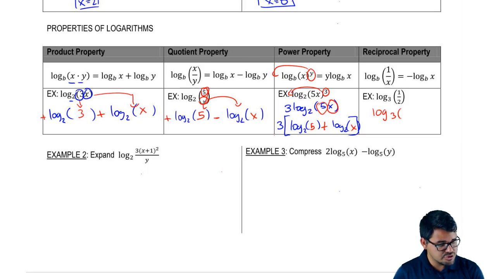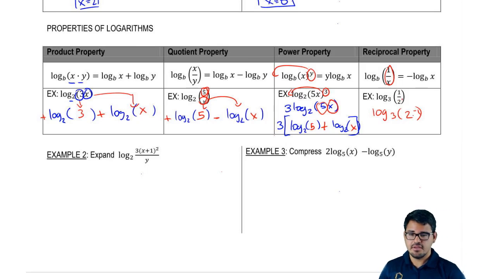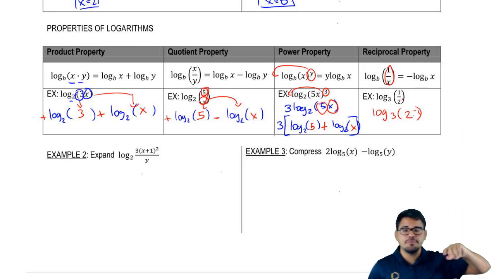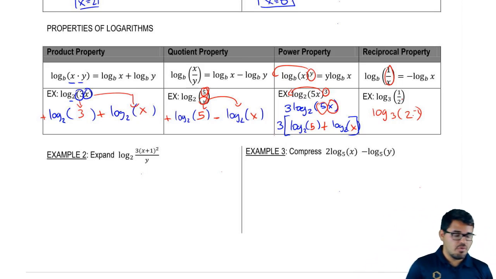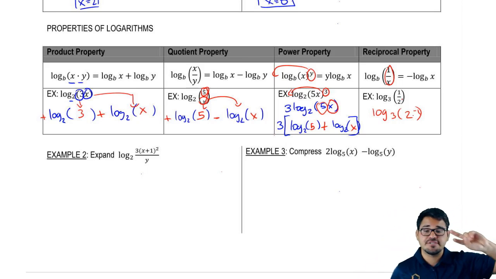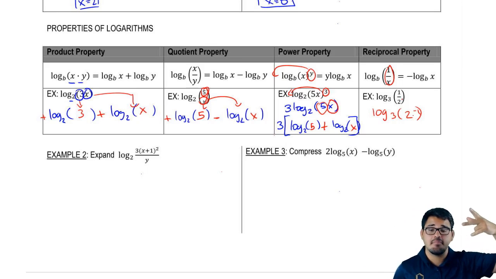See here we go from 1 over 2 to x to a negative x, right? But how does that work? If we use the rules of exponents, this is 1 over 2 to the 1. But I'm actually going to bring it up by making it 2 to the negative 1. So by making it 2 to the negative 1, I just used the exponent rule of negative exponents and I brought it up.